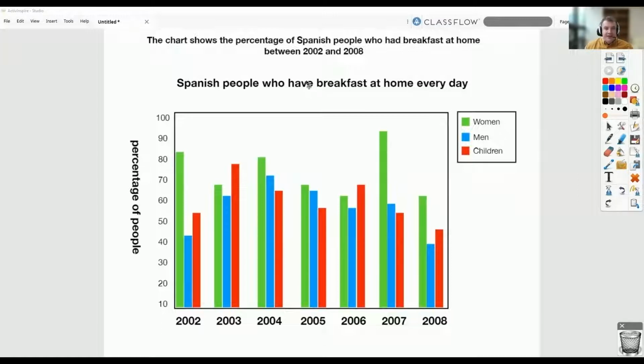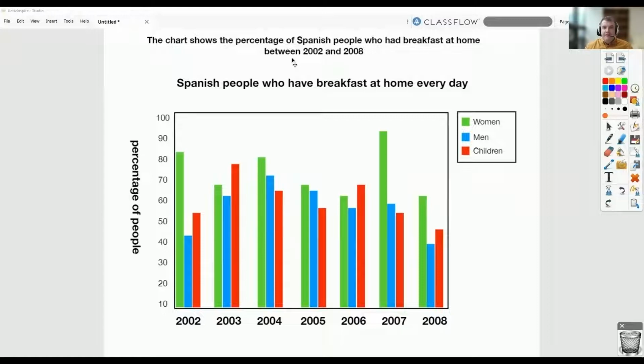So as I said, I'm going to walk you through step by step how I would approach answering this question. And then in the next lesson, I'm going to give you another bar chart. I'll let you have a go at that yourself, using the language that we've studied too.